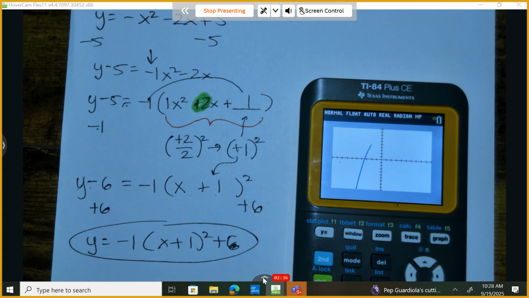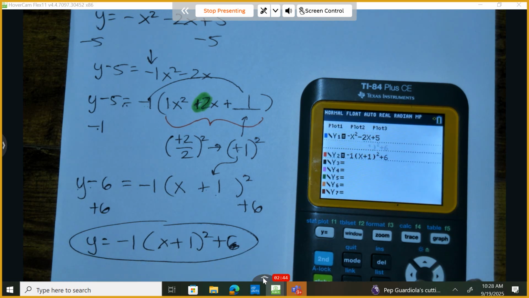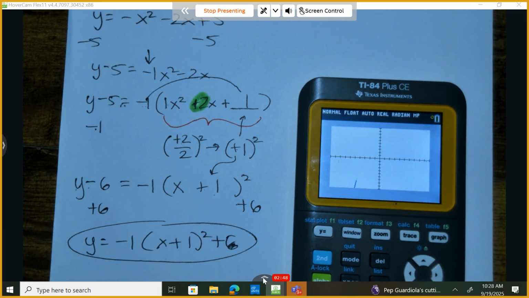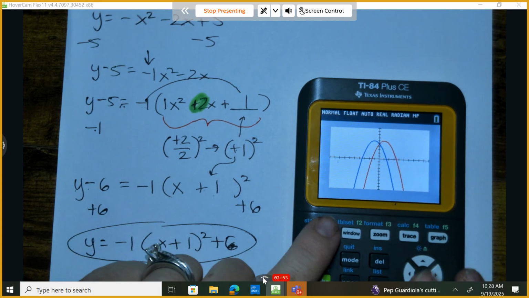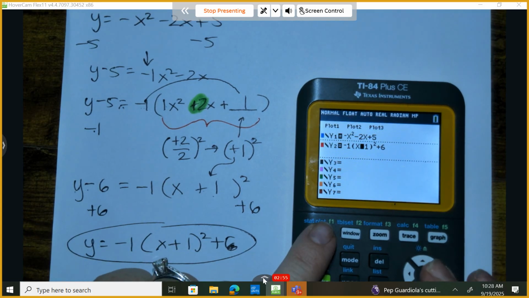Okay, and I'm verifying that one is directly on top of the other. Now, you may be thinking, because students have mentioned this before, how do I know if they do not line up? As I showed you in the previous video, I'm just going to change this into a subtraction quickly so we could see. You would see the two functions in different colors on your calculator, and they would not be on top of each other. That is not the case here. I was just demonstrating that.